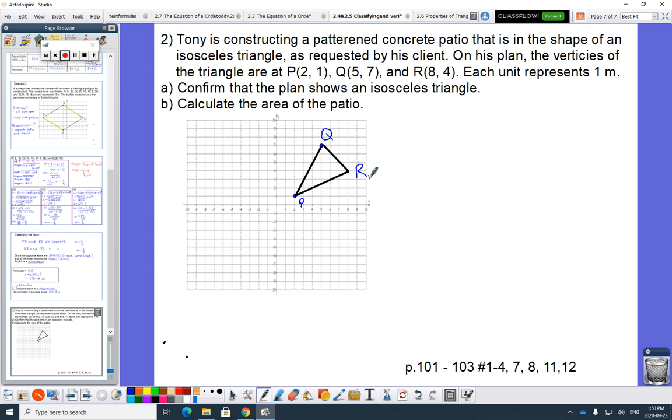So in this case, when it's telling you it's an isosceles triangle, which sides are we trying to show are equal? So you can kind of streamline the work you have to do. We need to show that PR and PQ are equal. Obviously, this is not going to be the same length, so you don't have to do that one when it tells you what kind of shape it is.